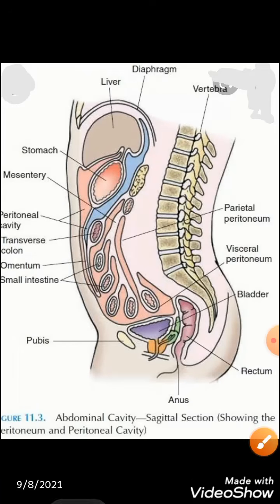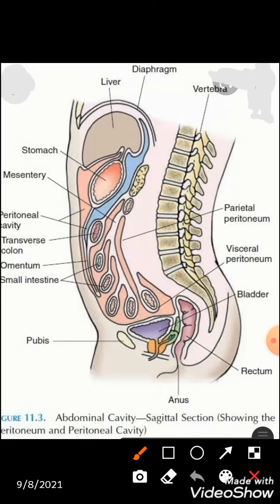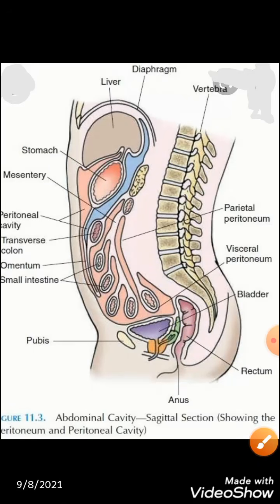And what else you have to notice, that the sac which is formed anterior to the stomach is the greater sac, and the sac which is marked with the blue color is the lesser sac present behind the stomach, right? And in females we see that this peritoneal cavity can communicate with the exterior through the uterine tubes and vaginal wall, of course, but in males the peritoneal cavity is a closed cavity, right?